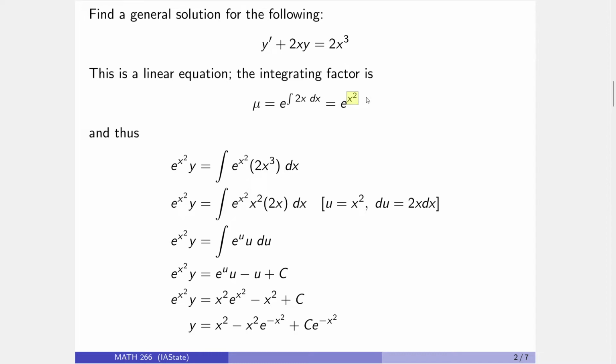So you multiply e to the x squared across this equation, so here you'll pick up this times e to the x squared, which is there. This times e to the x squared is guaranteed to be the derivative of e to the x squared times y, and thus e to the x squared times y is equal to the integral of the right-hand side, which is this stuff. Alright, and now, unfortunately, we gotta integrate.